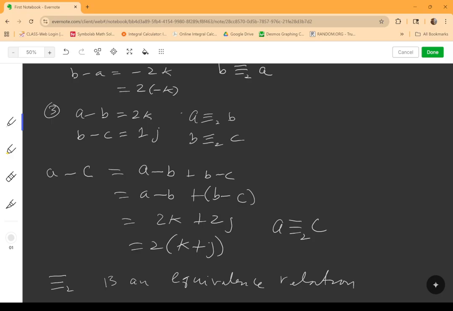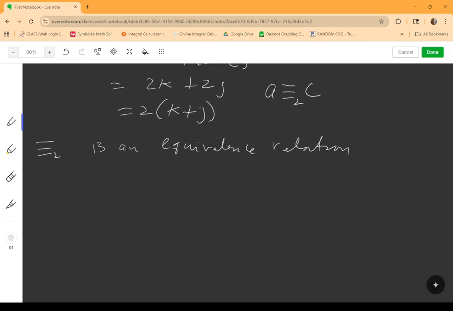Now, a couple of other things: this idea of classes. When we're talking about classes, we are referring to the relation class.